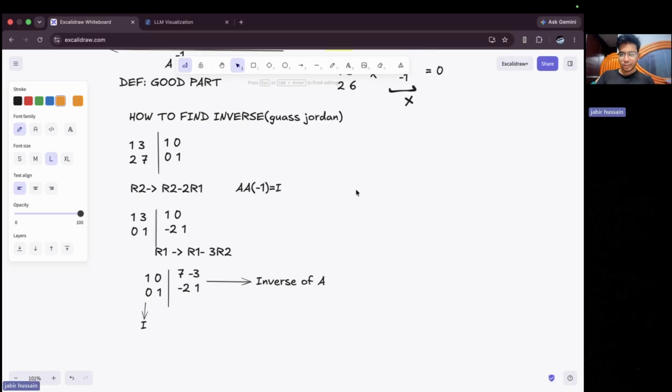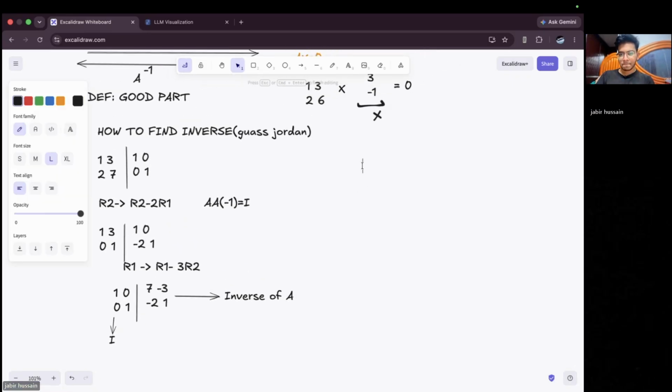So I have A, right? And I'm performing operations on it. Can I write that I'm performing an operation on row 2 using row 1?